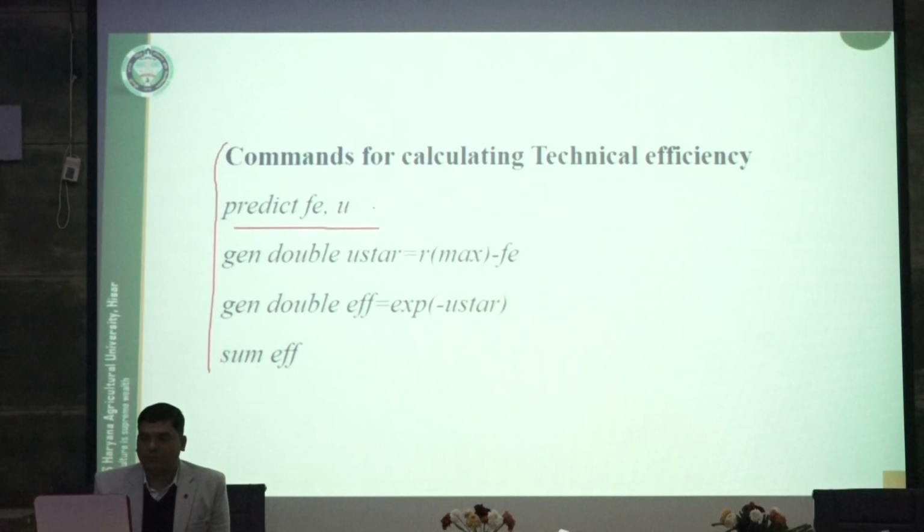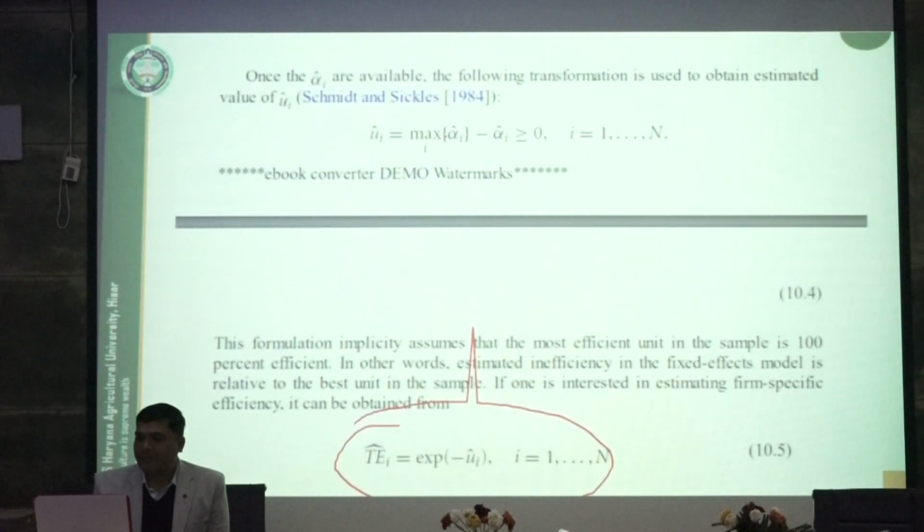First we have to predict u. u is the inefficiency term. Then generate a new variable, that is the maximum of u minus the ui's. You can check from here, maximum of alpha minus alpha cap.